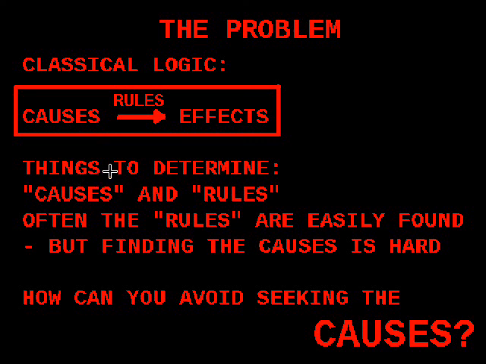And what is quite interesting, particularly when you are designing an artificial intelligence system, is that the rules are something that you can kind of quickly make your mind up about, but it is somewhat hard to find the causes. In particular, it turns out to be hard to foresee all possible effects when choosing a set of causes. Many projects which are reasoning by symbolic logic based on causes and effects are failing because of seeking the causes.